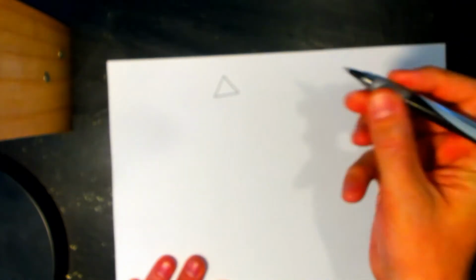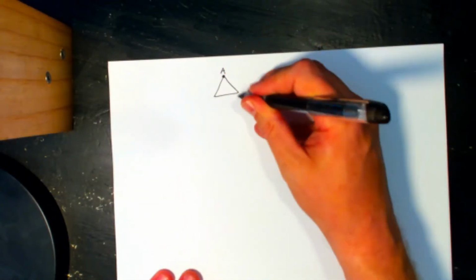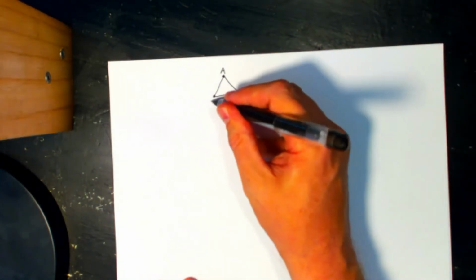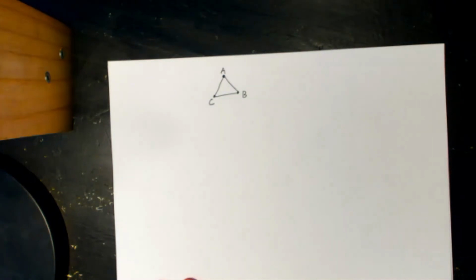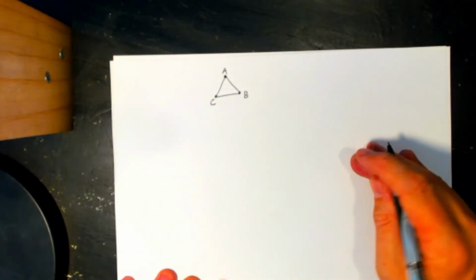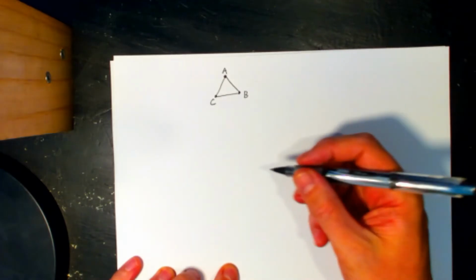Okay, so next let's have a look at an equilateral triangle. And let's label the points, or the vertices, of this triangle, A, B, and C. Okay, now we want to look at the symmetries. So underneath this, I'll write 6 possible symmetries.